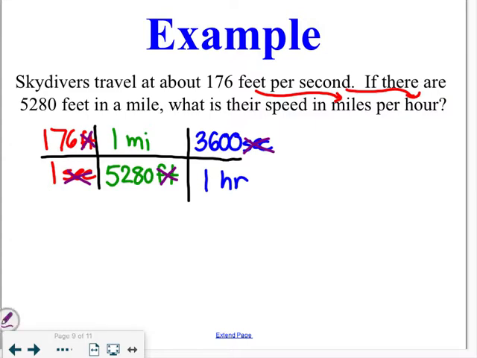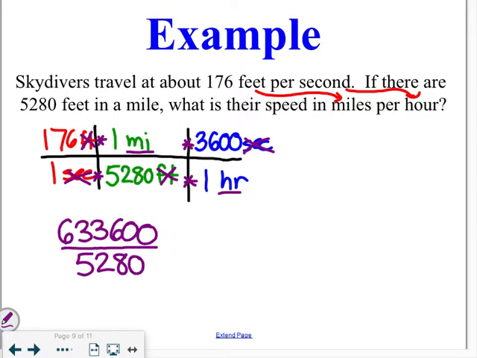So now, since I have miles per hour, that means that I have gotten to the final unit that I want, and now I need to do the multiplication. So I multiply everything on the top and everything on the bottom. When I multiply everything on the top, I get 176 times 1 times 3,600, which is 633,600, over 1 times 5,280 times 1, which is just 5,280.